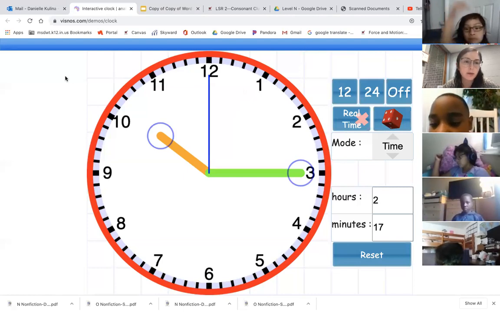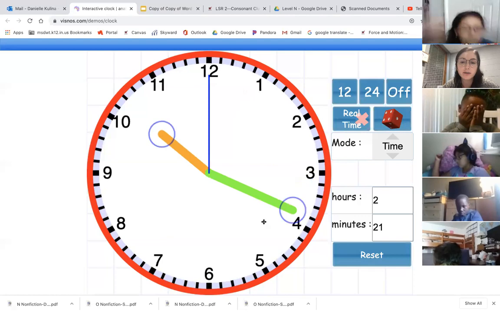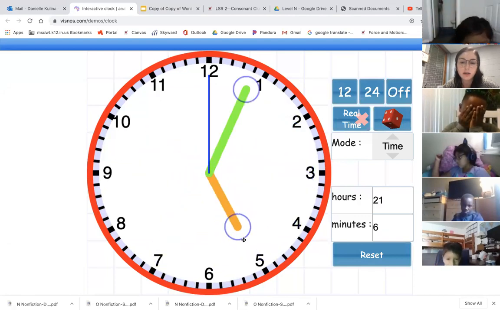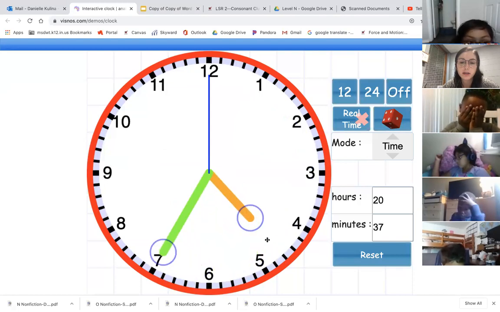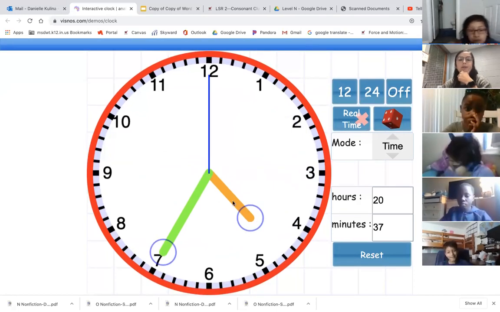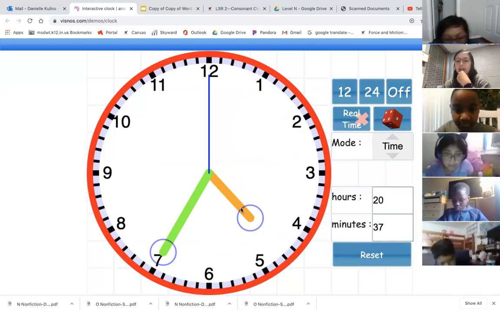Okay, someone else had sent me a chat of a time. So close your eyes. I'm going to pick a new time. All right. Close your eyes. Close them. All right, open them. All right, look at this one though. It's very close to the 5, but it has not hit 5 o'clock yet.